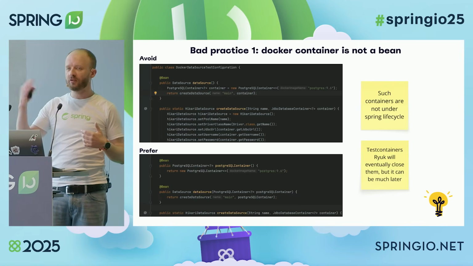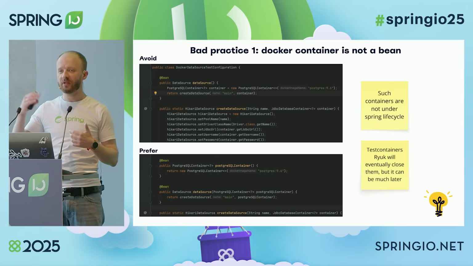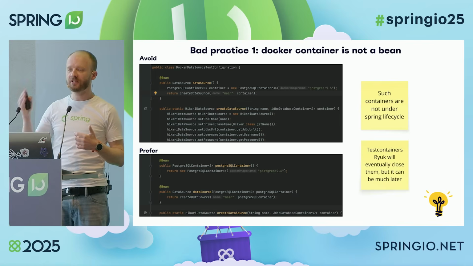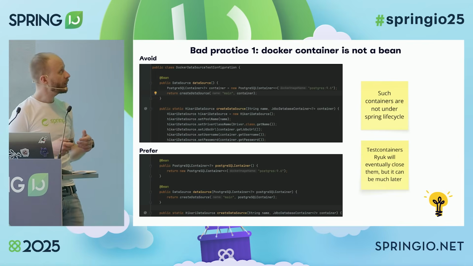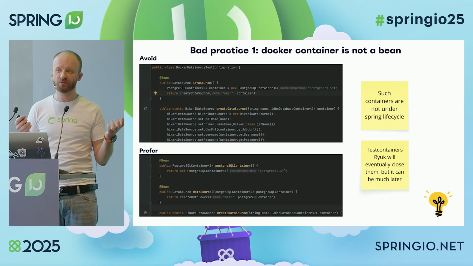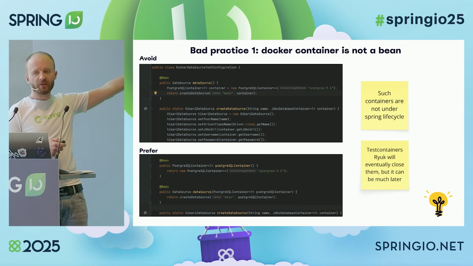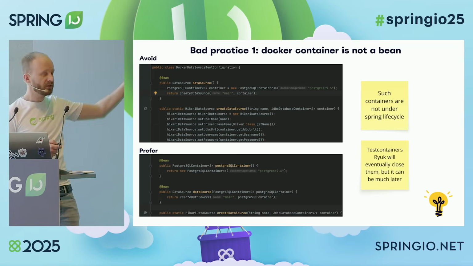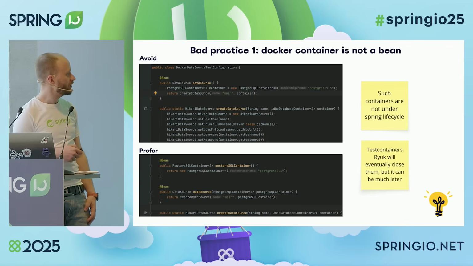So it will revoke all connections, but this is not enough because we will have a dangling container that will stay there until the end of JVM lifetime. And again, at scale, it can be a huge problem. I mean, for sure, this is for a scenario when you're using a non-static container, when you intentionally want to close it with a Spring context.